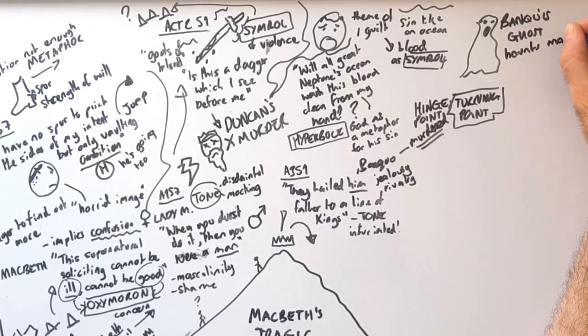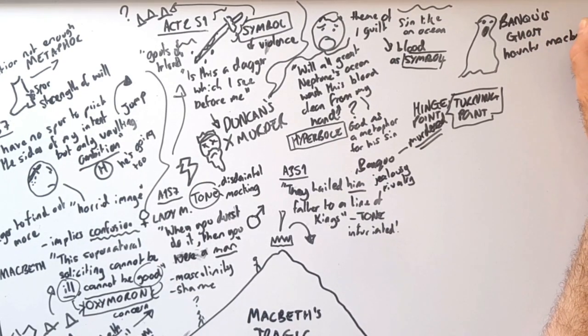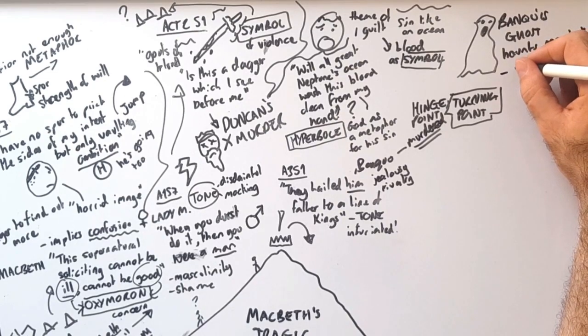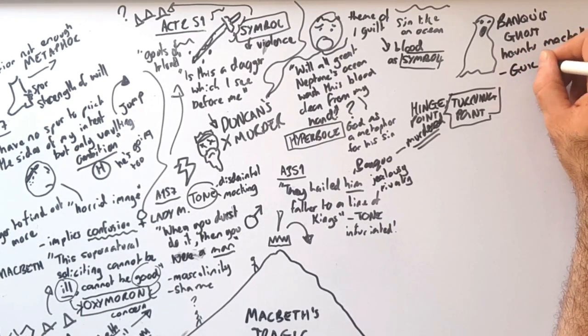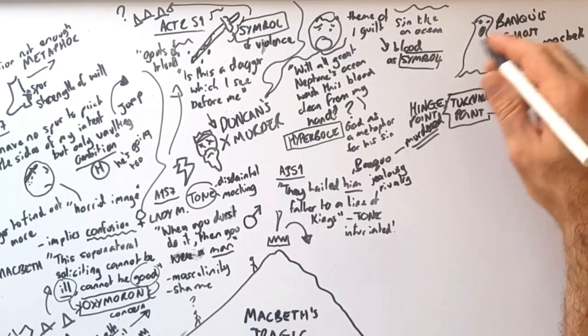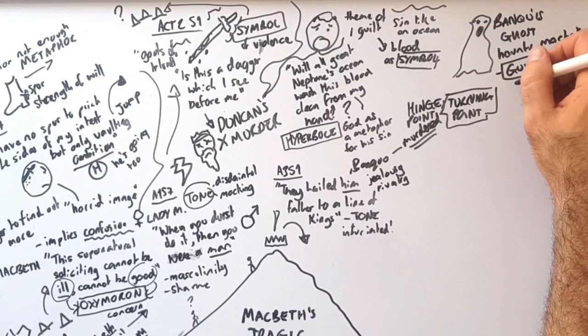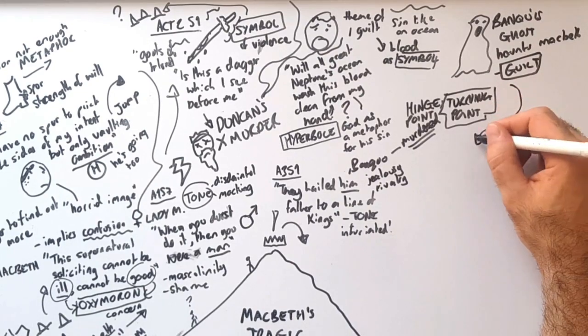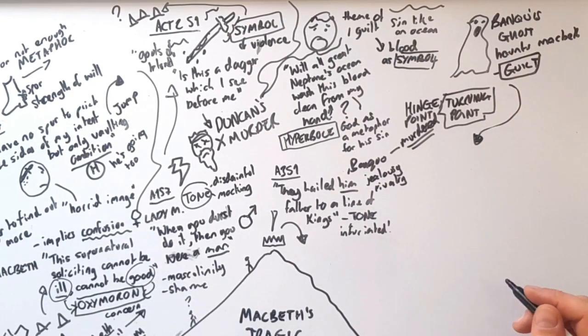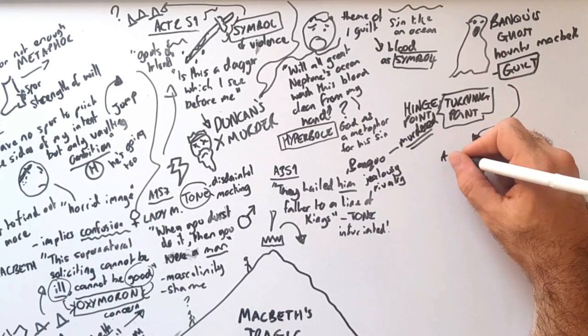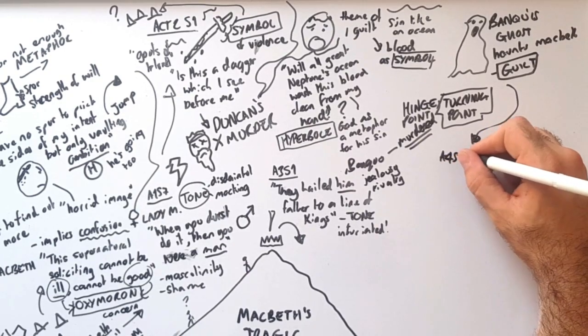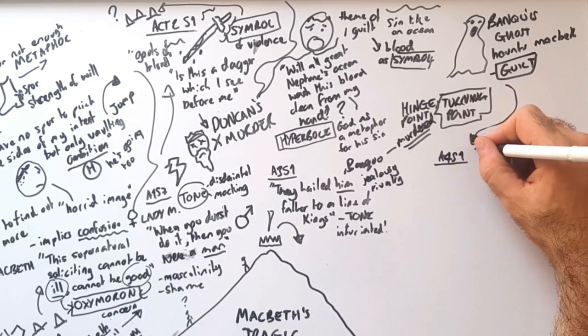Again, which is a symbol of guilt and a conscience. Could link to this idea of guilt within the play. Again, leading to his lack of good judgment. And this immediately inspires him to return to the Weird Sisters. And of course, in Act 4, Scene 1, he returns to the Weird Sisters.